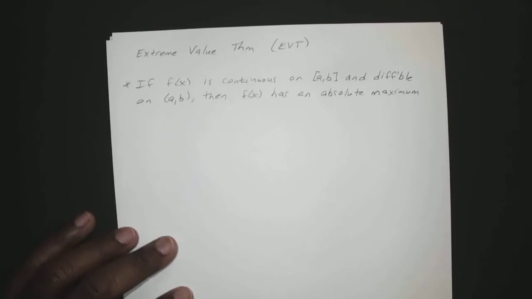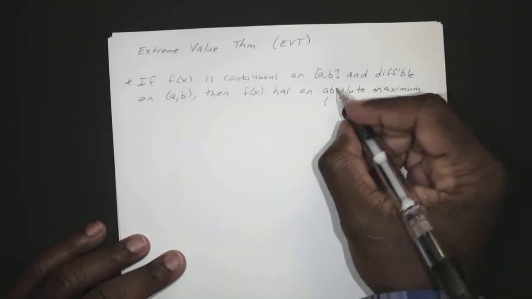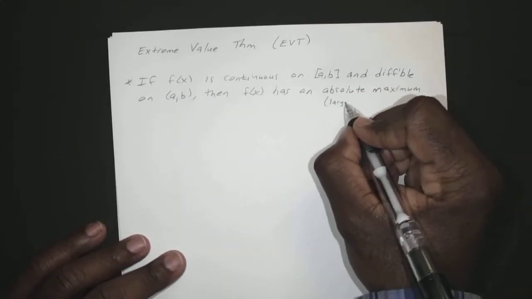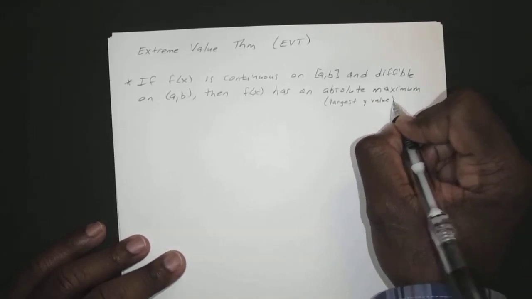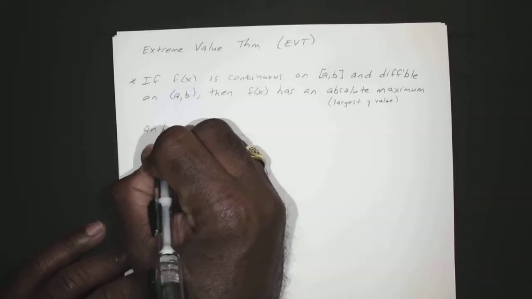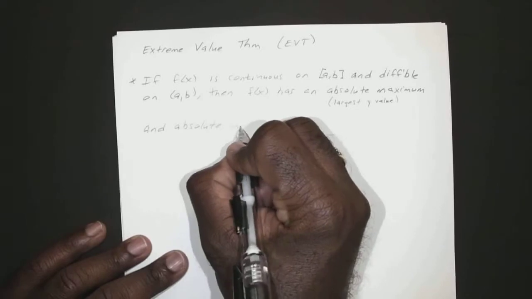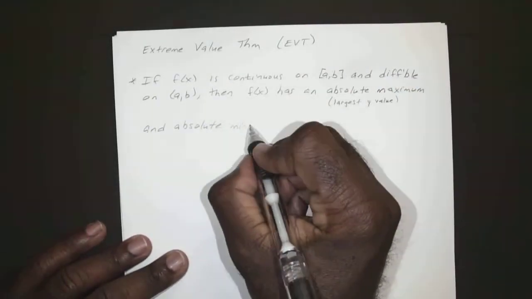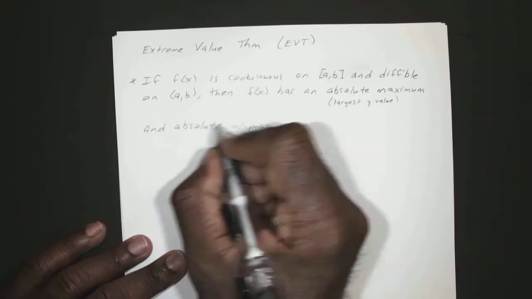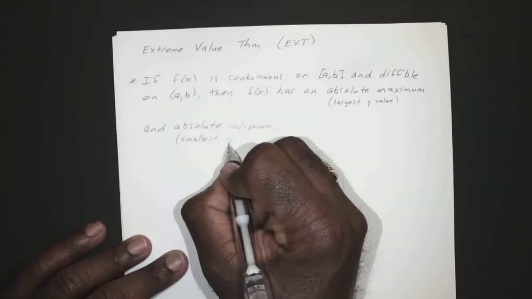And the absolute maximum is just like the name suggests, it's the absolute largest y value. And absolute minimum, which is the smallest y value.